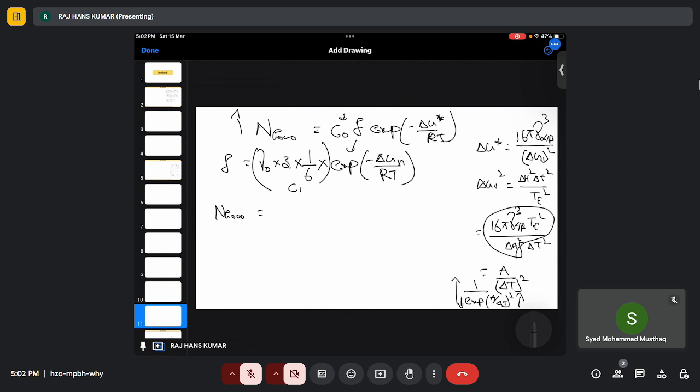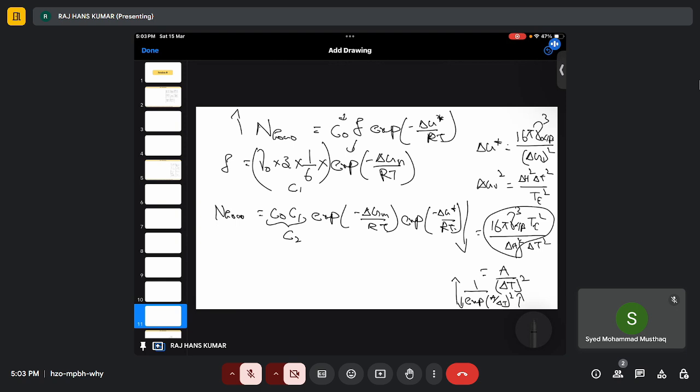C naught times C1, let's say this as C2, and that will be equal to exponential minus delta Gm upon RT times exponential delta G star upon RT.